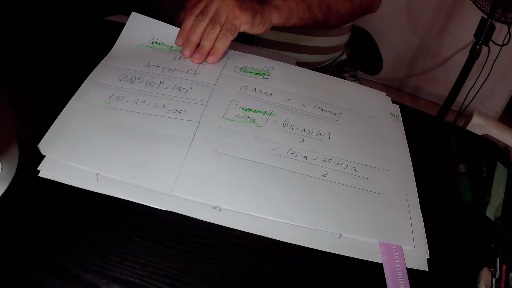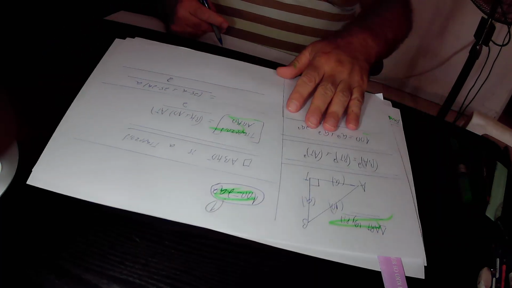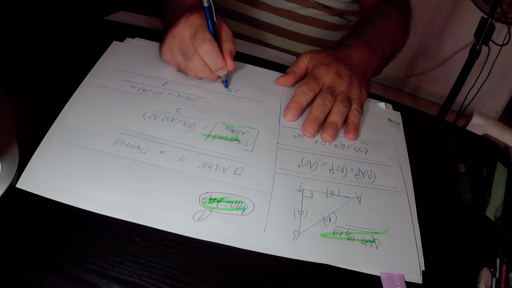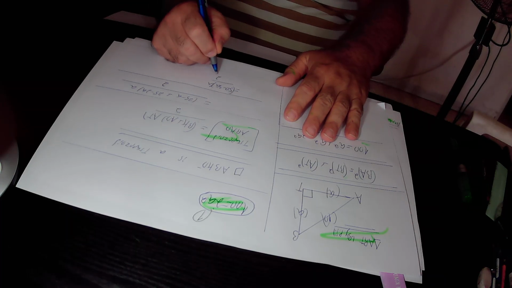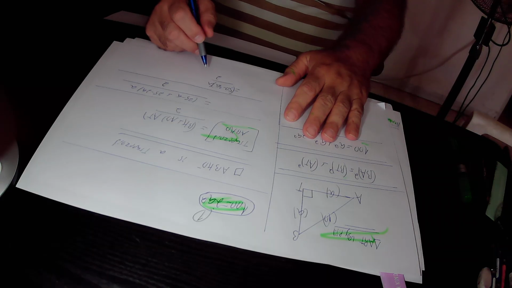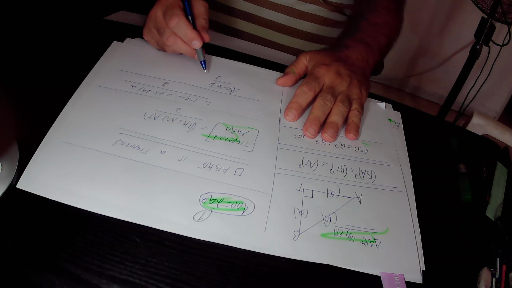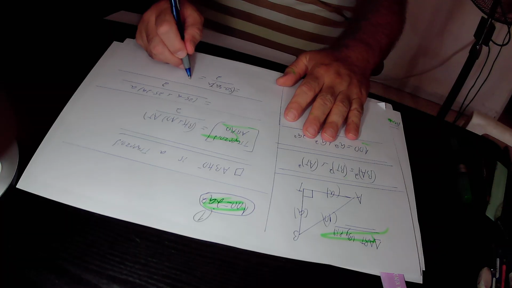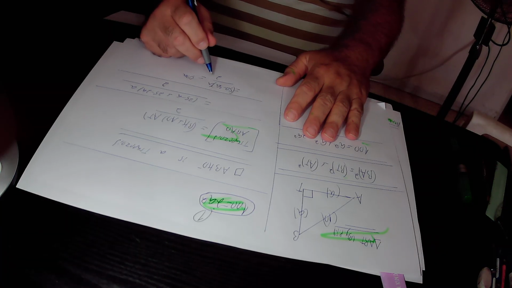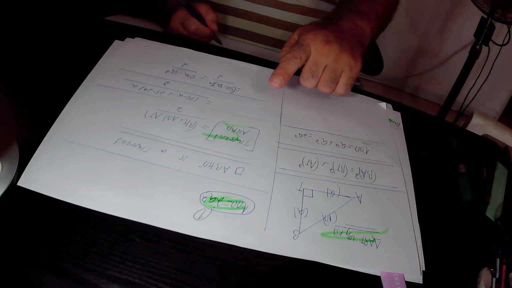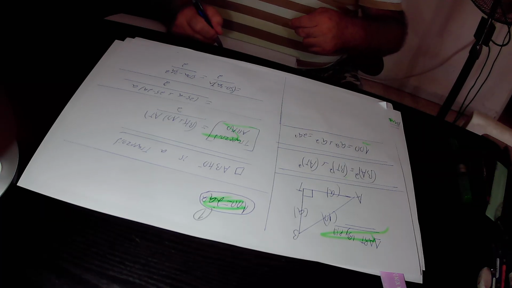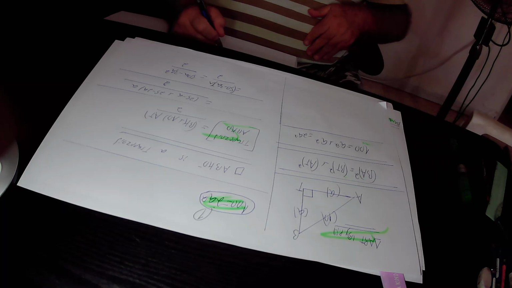So in the numerator we have 50 minus 3a, times a, divided by 2. Here we'll open the brackets and we get 50 times a is 50a, minus 3a times a is minus 3a squared, divided by 2. So in total the area of trapezoid ABKD is equal to 50a minus 3a squared over 2.